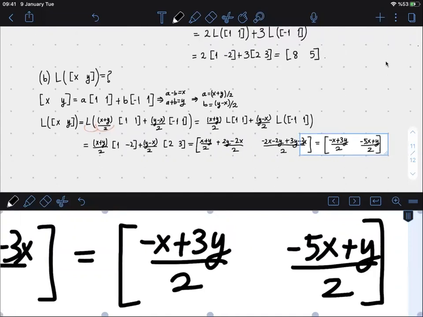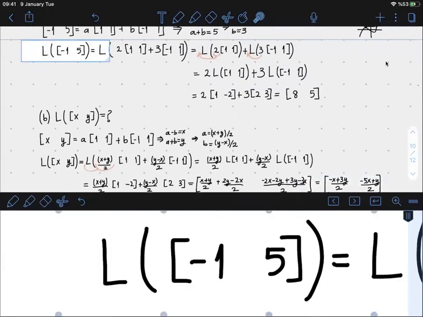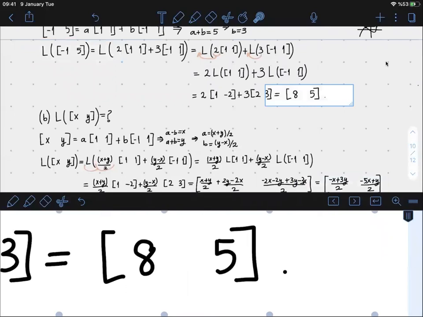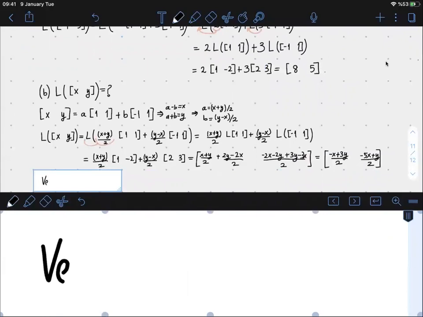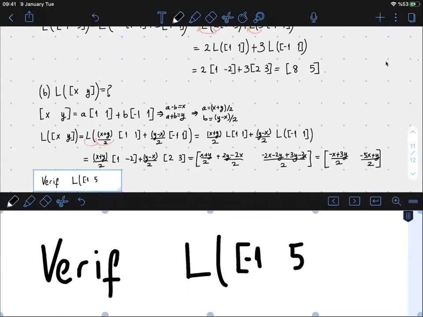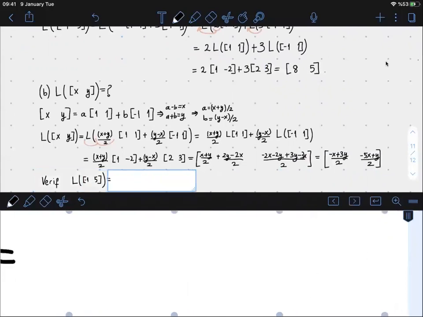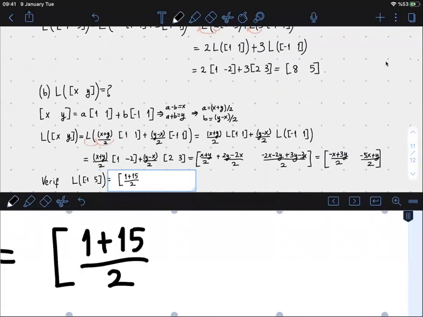We can check whether this is correct or not. Let's plug in these values. Let's plug in (-1, 5) here and check if it gives (8, 5). L(-1, 5): if you use our formula, this will give us (1 + 15) over 2, and then (5 + 5) over 2.